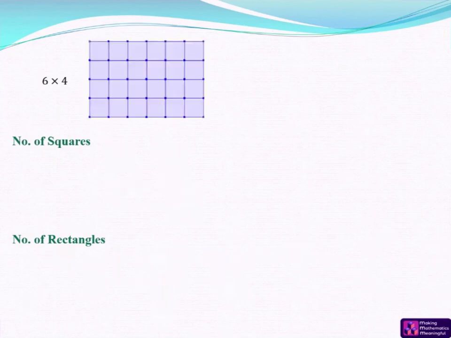What about this 6 by 4 grid? The number of squares is given by 6 cross 4 plus 5 cross 3 plus 4 cross 2 plus 3 cross 1. I hope the pattern and the idea is clear. When you simplify, this comes out equal to 50.